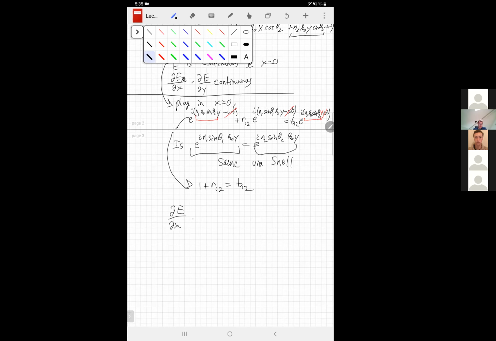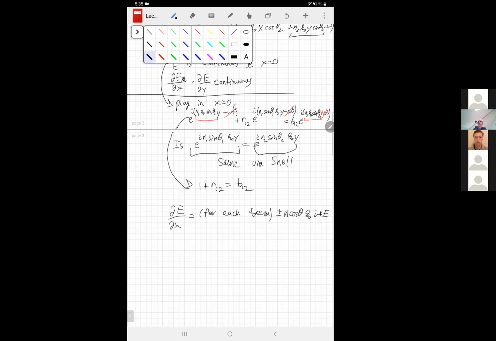And whenever we take a derivative with respect to x, for each term, we're just going to get plus or minus n cosine theta k naught i multiplied by e to the whatever. And that's exactly like what we had last time when we didn't have any of these angles up in the exponent. We just had e to the i n1 k naught x, e to the minus i n1 k naught x, and e to the i n2 k naught x.